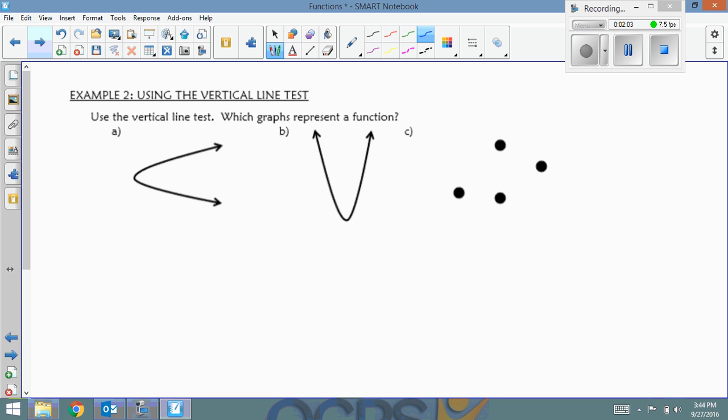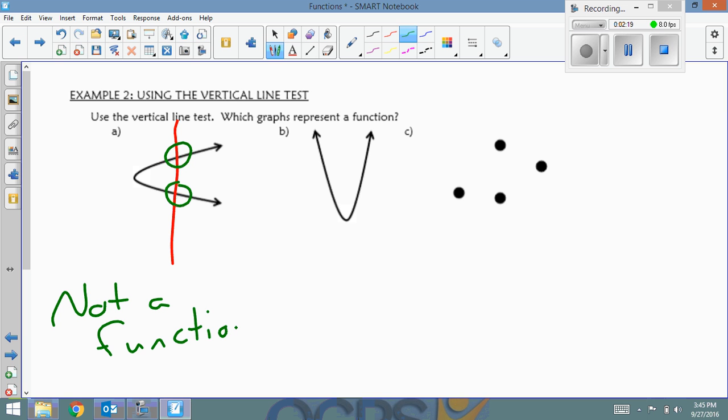Okay? When we're talking about a graph, we use the vertical line test. If I draw myself a vertical line like I did here, and I hit the graph in more than one place like I do, then this is considered not a function. Whereas this one, if I draw a vertical line, no matter where I draw it, I only hit the graph one time every time, so this is a function.